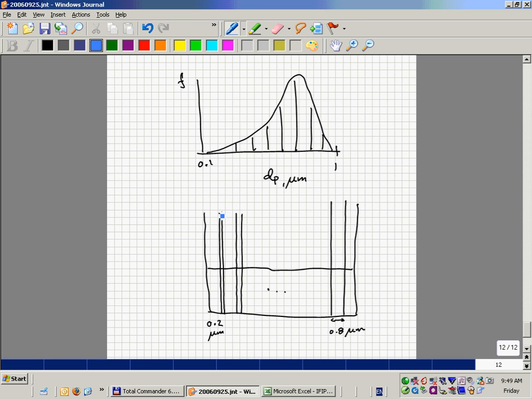This one is going to fill with water all the way to the top, like that. This is water. This one is going to fill up to here, right? And this one is going to fill up to there. Okay?